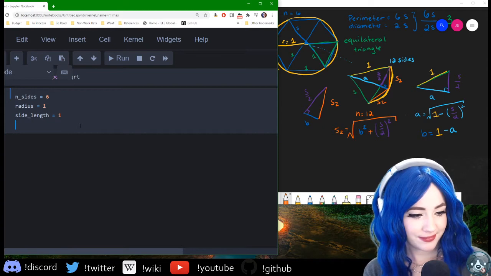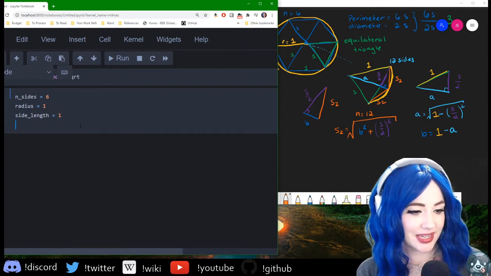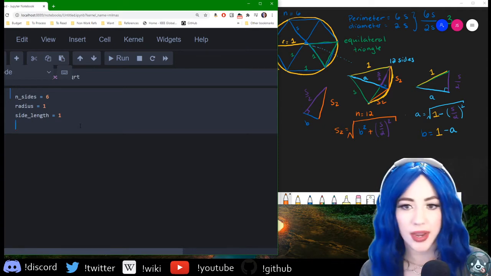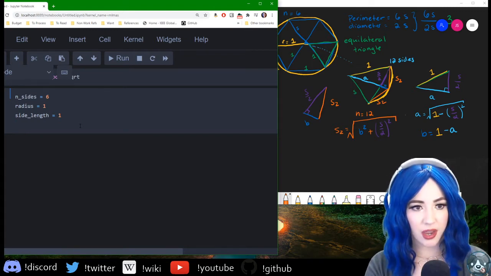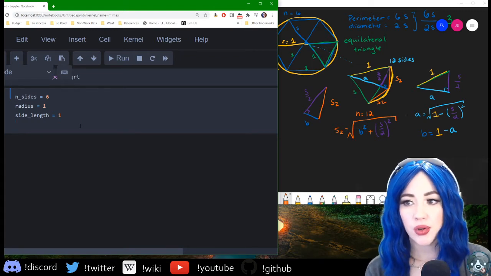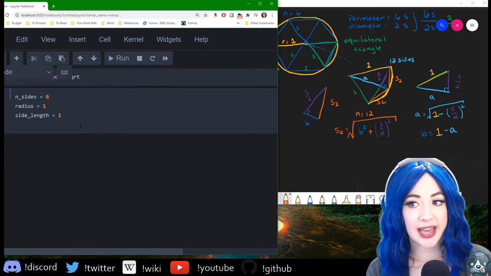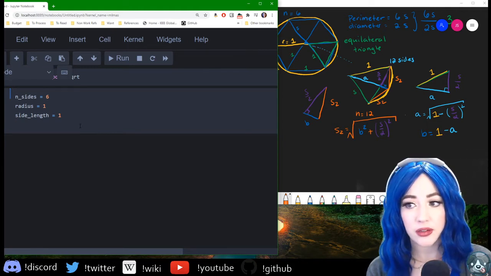All right, let's see here. Side length 1, radius is 1, the number of sides is 6. For now, we're just going to start with the hexagon. The first thing we need to do is define the purple side right here. We defined that as our current side length over 2.